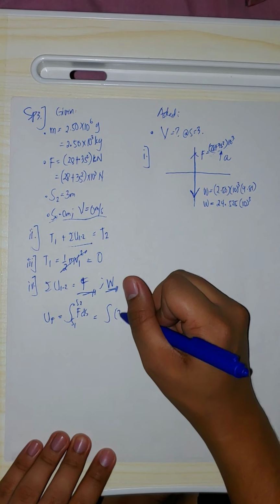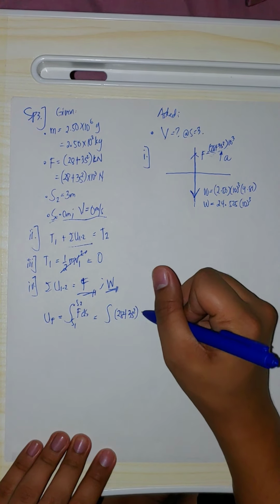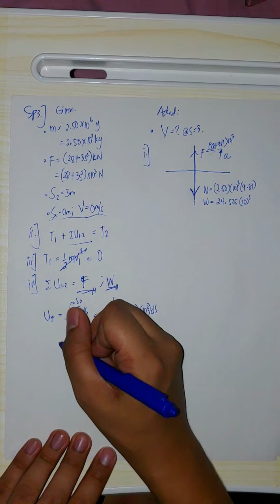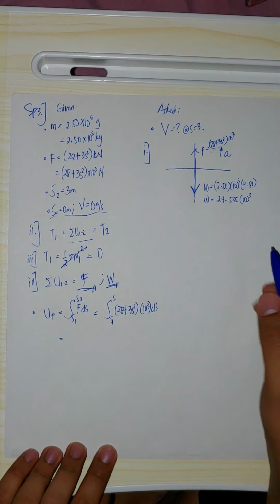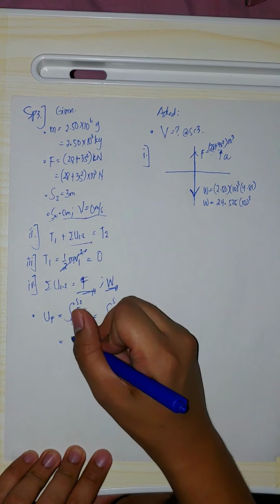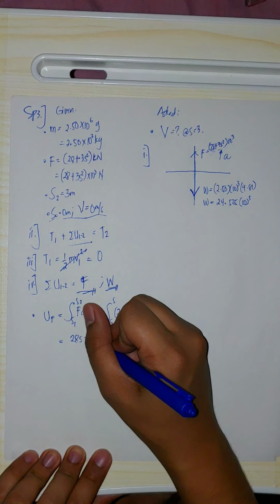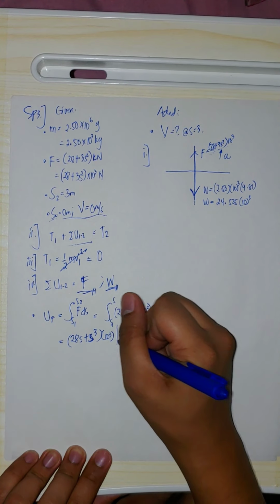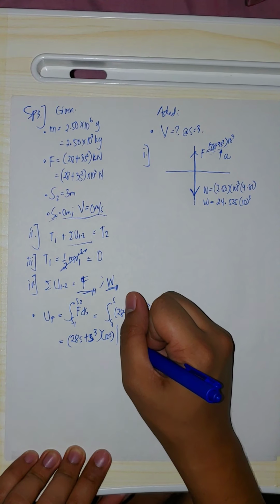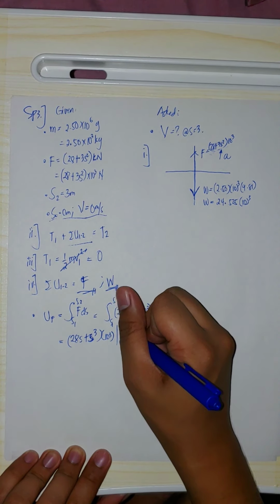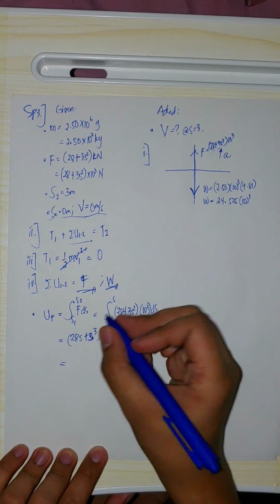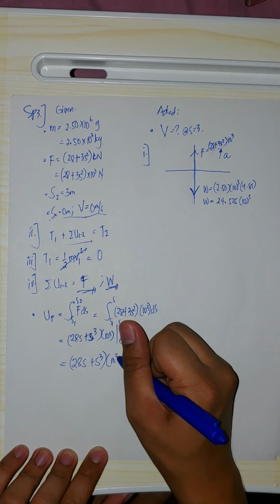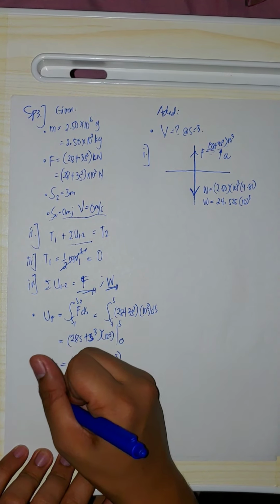So substituting, we have the integral of 28 plus 3s squared times 10 cubed ds from S1 to S. So we will have the work due to the force, which is equal to 28s plus s cubed, times 10 cubed, from the initial s equal to 0 to s, and finally we have 28s plus s cubed times 10 cubed. We write this as a function.